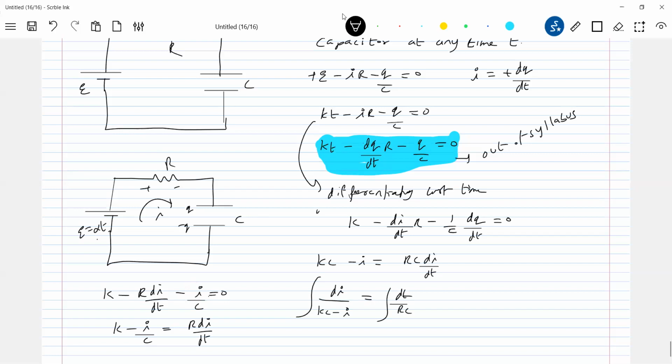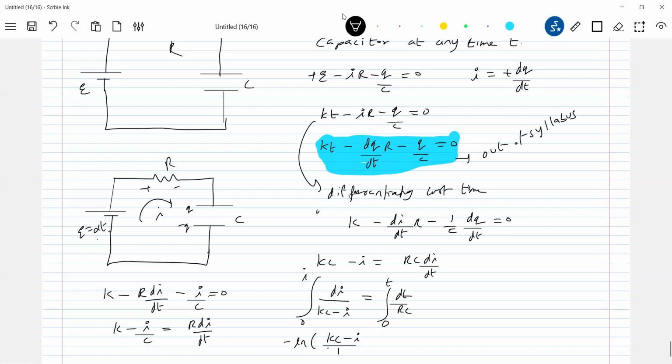At t equals 0, current is 0. At any time, let the current be I. So this will become minus log of KC minus I. You must be very careful about other possibilities. Nobody will ask you something where you don't know the mathematics, so you must search for an alternative.